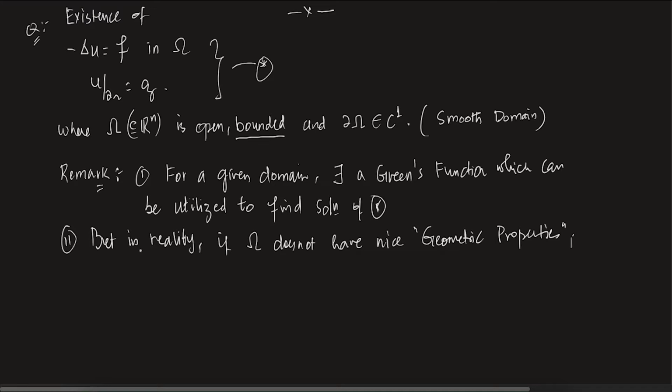That's the point. A Green's function exists for a C1 function. That's for sure. It exists. But finding an explicit Green's function is almost always impossible, except for a few nice domains.